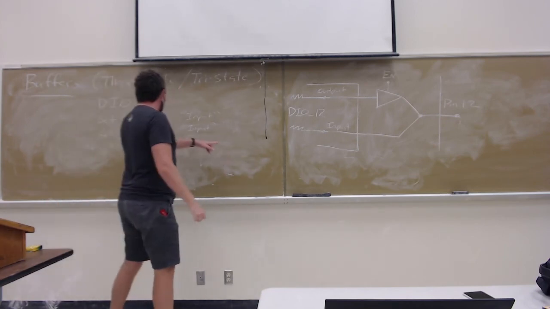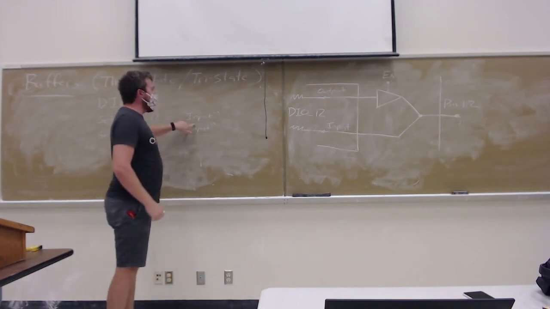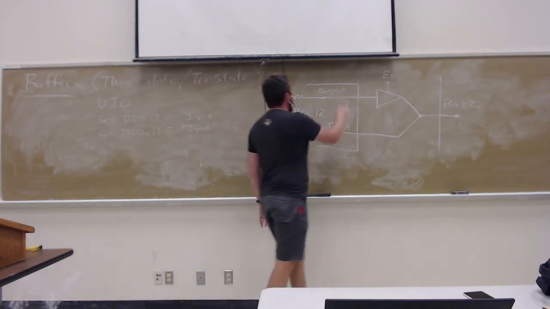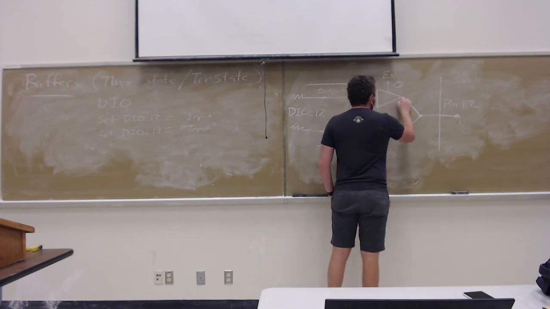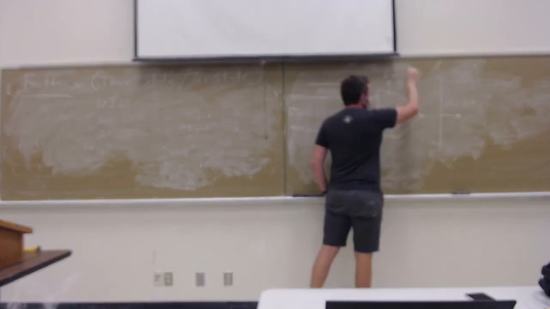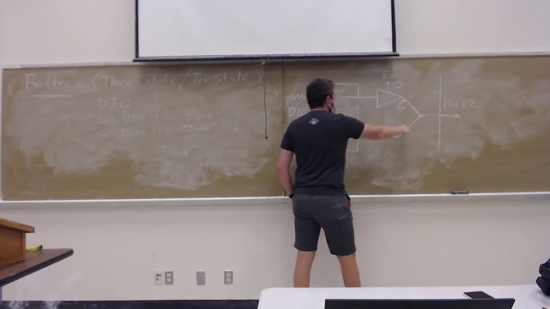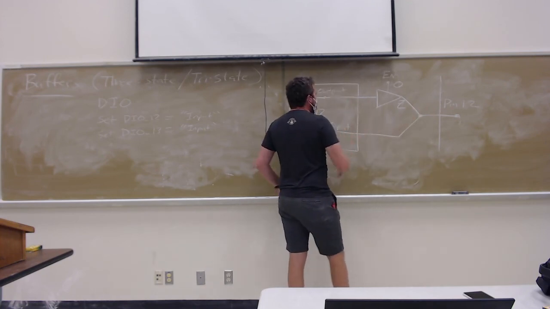And so when you set DIO 12 as an input, what happens is we set the tri-state buffer enable to 0, which means that the output here is Z, which means that the connection is broken. And only signals coming from the outside are going to go into the input.